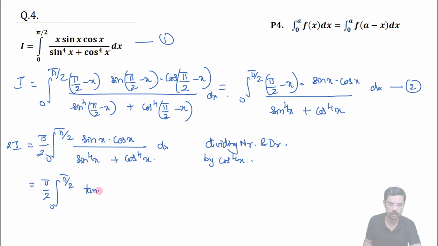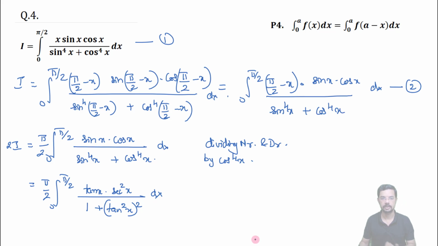Tan x into sec square x divided by 1 plus tan raised to 4x. Tan raised to 4x can be written as tan square x the whole square into dx.